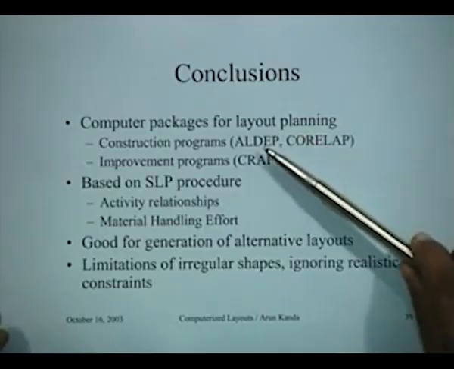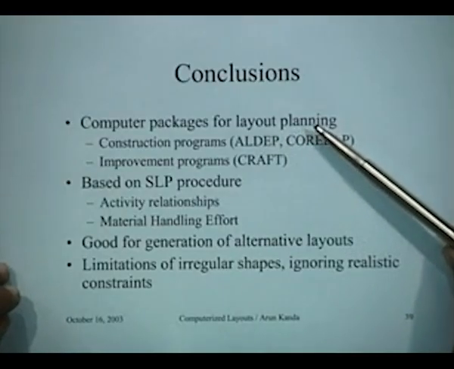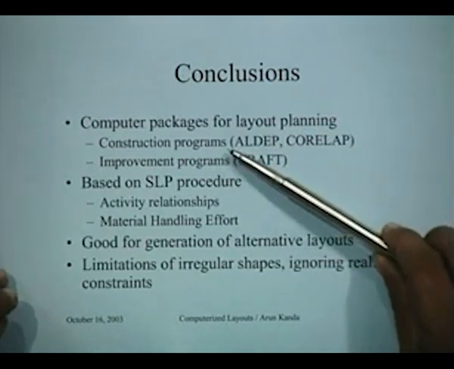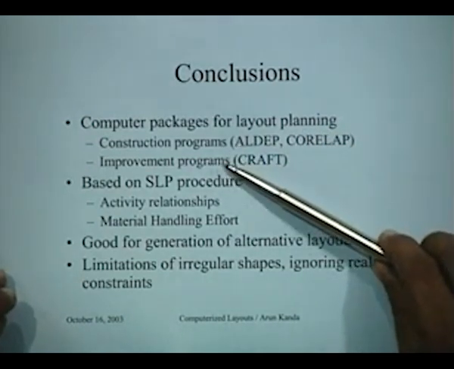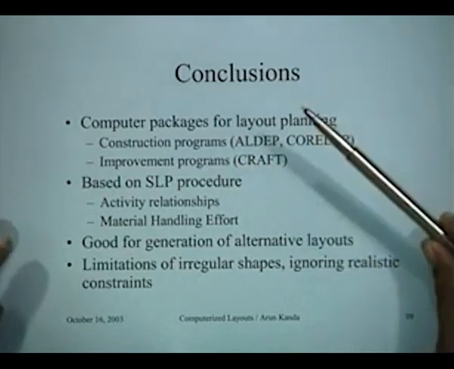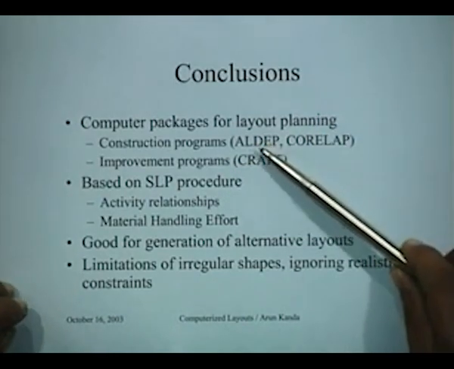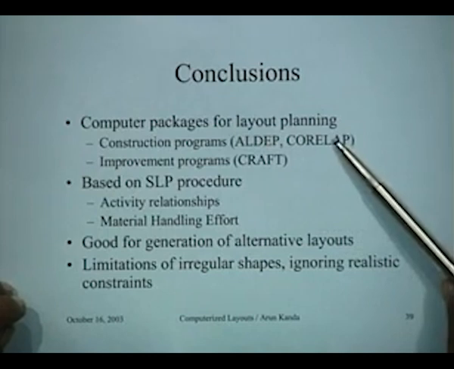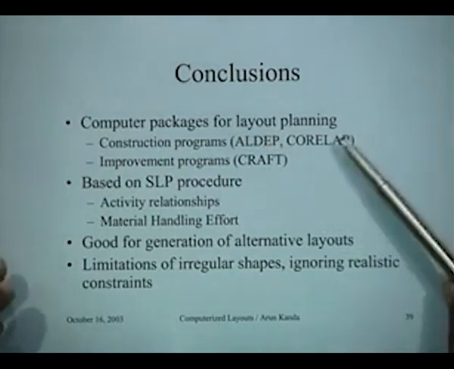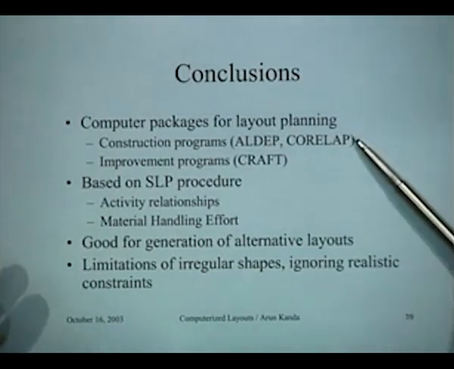In conclusion, what we would say is that as far as computerized packages for layout planning are concerned, we have seen that they could broadly be classified into construction programs and improvement programs. And in this lecture, we had a glimpse of LDEP and CoreLab, which are essentially construction programs. That is, they derive a layout from scratch.